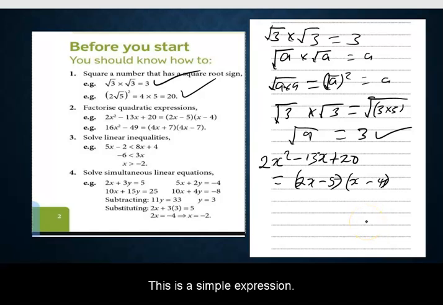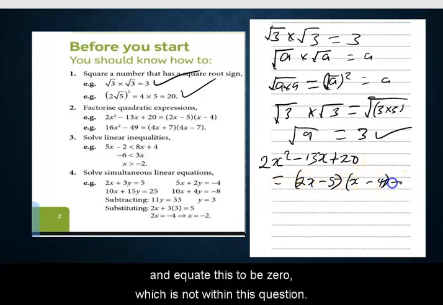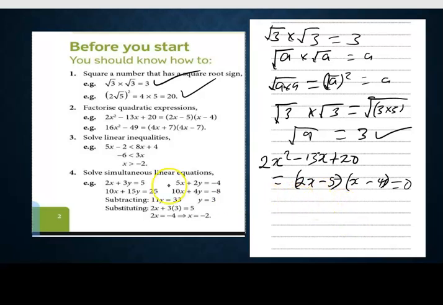This is a simple expression. If it were to solve, you could go ahead and equate this to 0, which is not within this question.